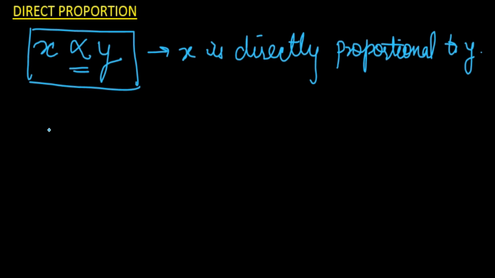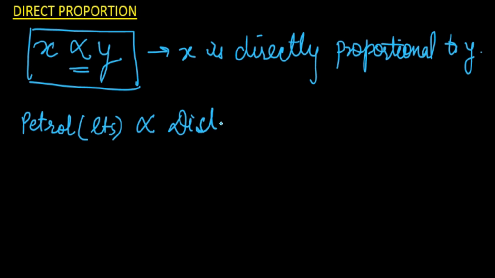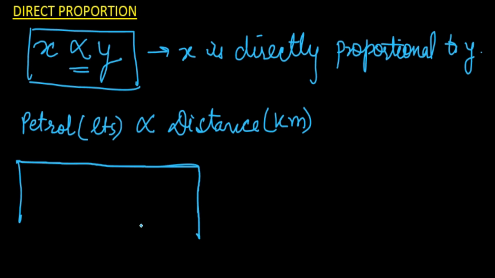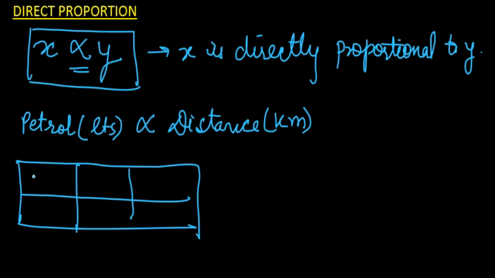Now let us consider an example. Suppose the two quantities given to you are the petrol used by a car in liters, which is directly proportional to the distance covered by the car in kilometers. One table is given: petrol in liters and distance in kilometers.